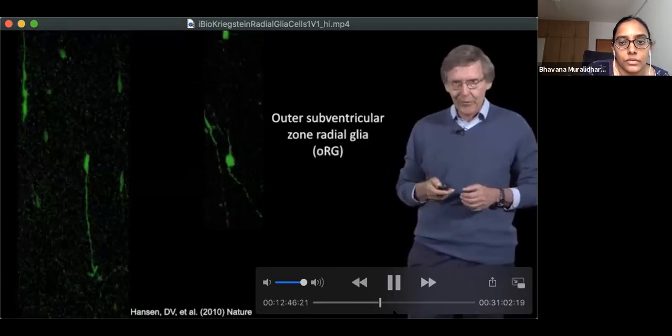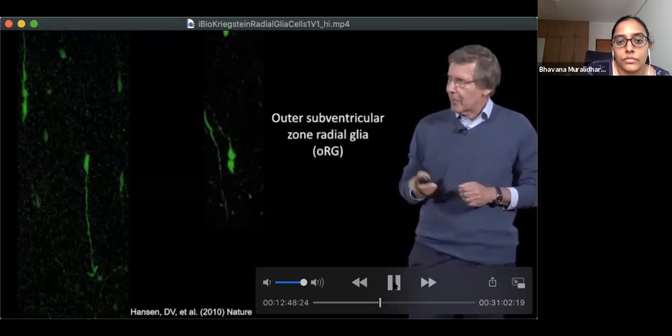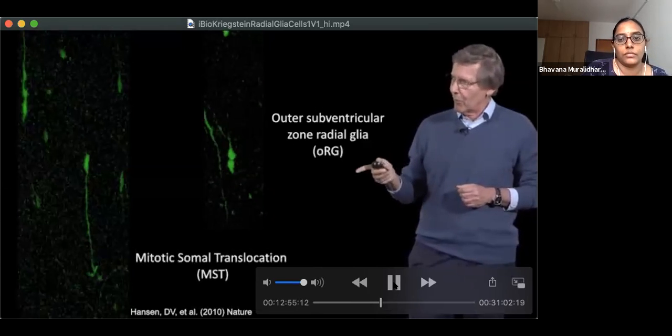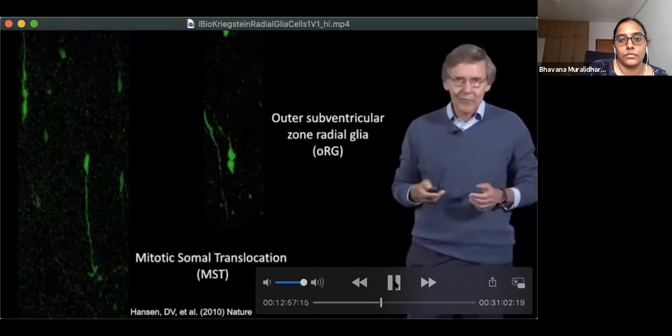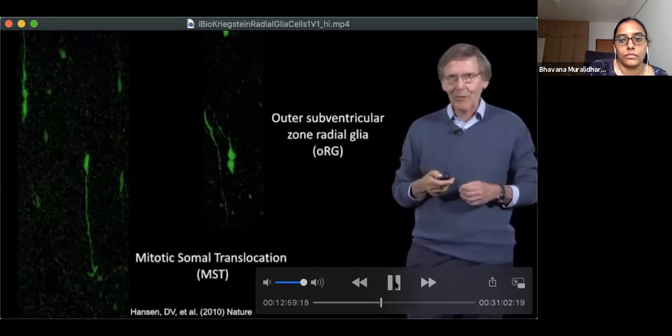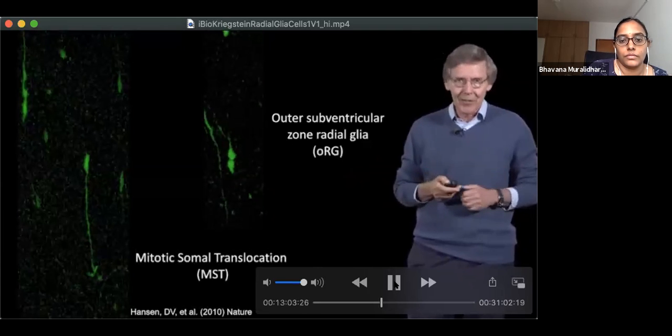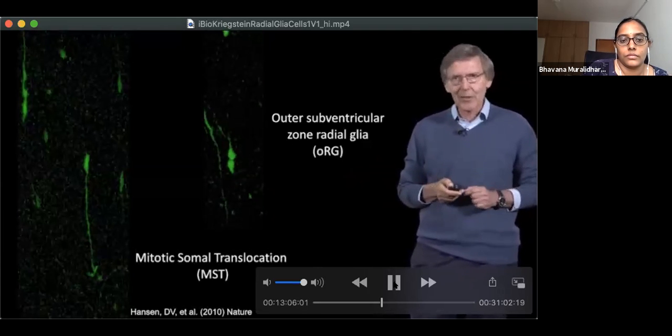Now they're sometimes also referred to as basal radial glia. But these outer radial glia, or ORG cells, also have this unique mitotic behavior, which we've called mitotic somal translocation, or MST for short. Now these are complicated words, so I'll refer to them as their acronyms: ORG cells and MST divisions, because these are characteristics of the cell type, which is highly enriched in the developing human brain.